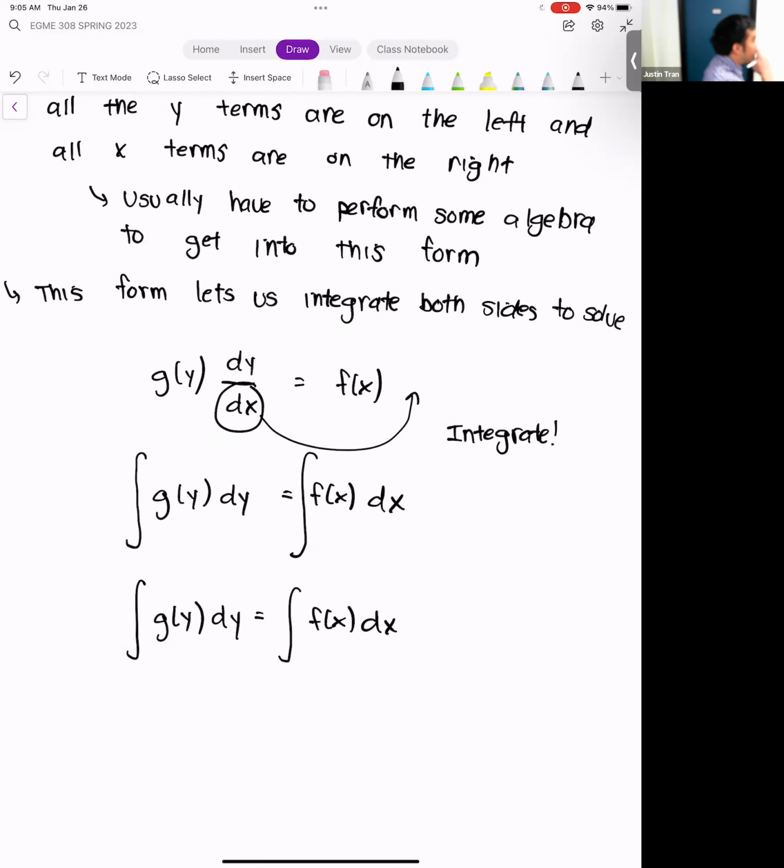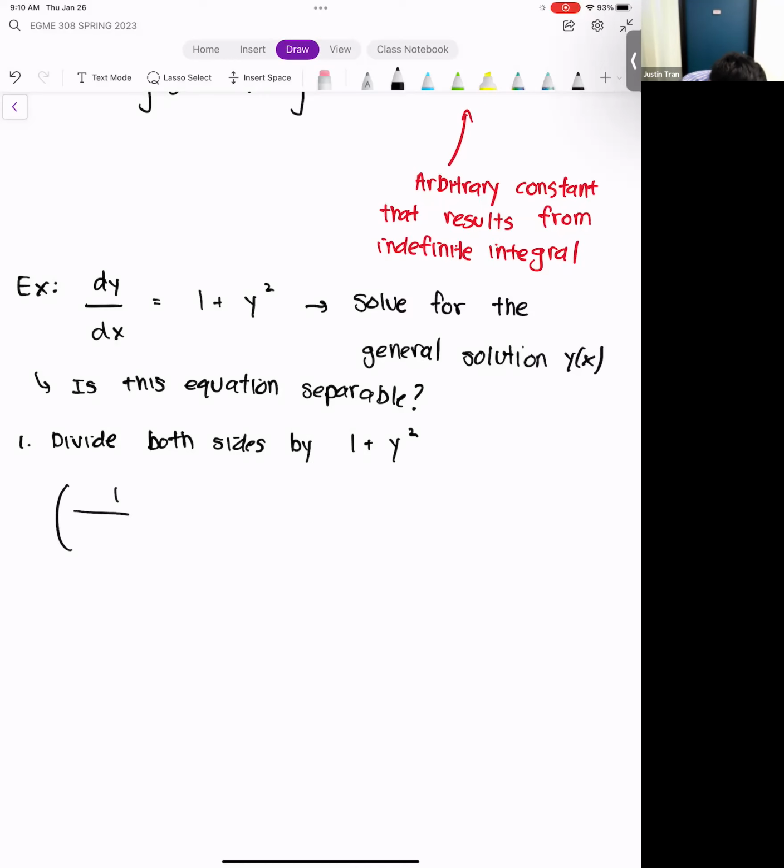All right, so if we divide both sides by 1 plus y squared, that means on the left-hand side, we're going to have 1 divided by 1 plus y squared, times dy/dx. And on the right-hand side, we have 1 plus y squared divided by 1 plus y squared. Okay.